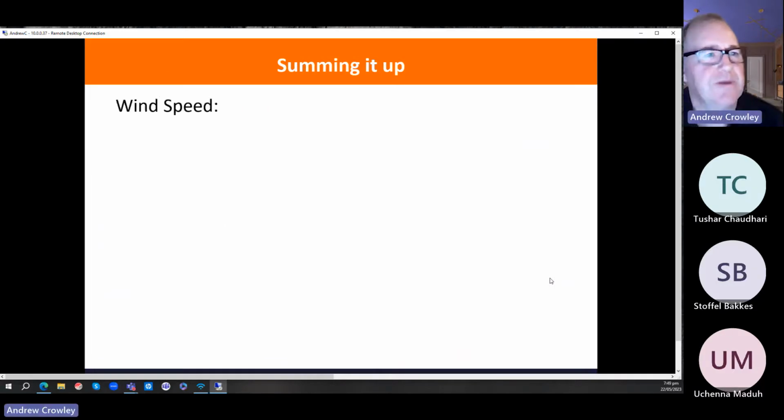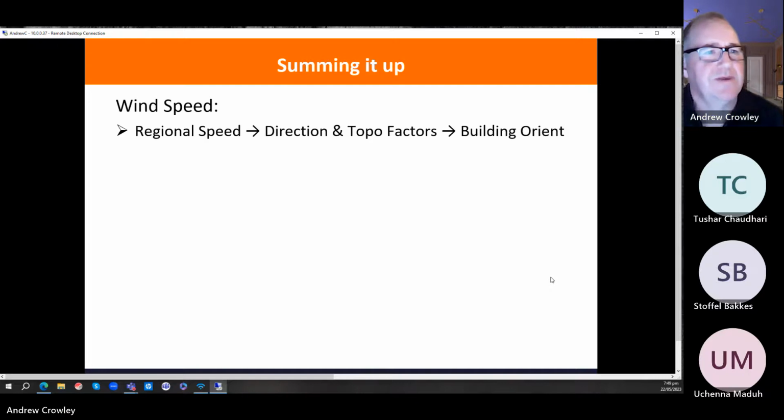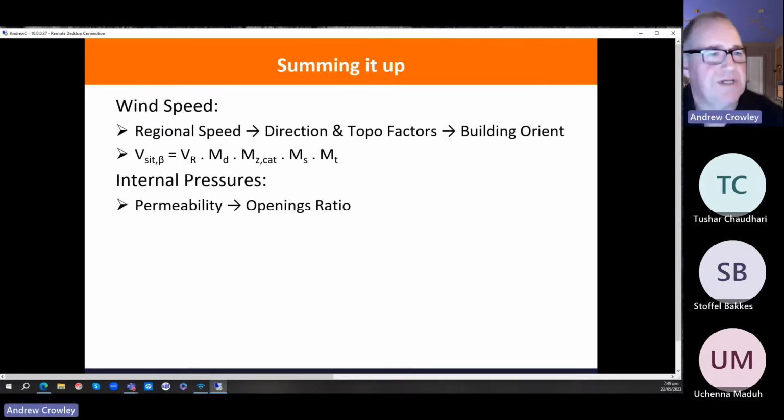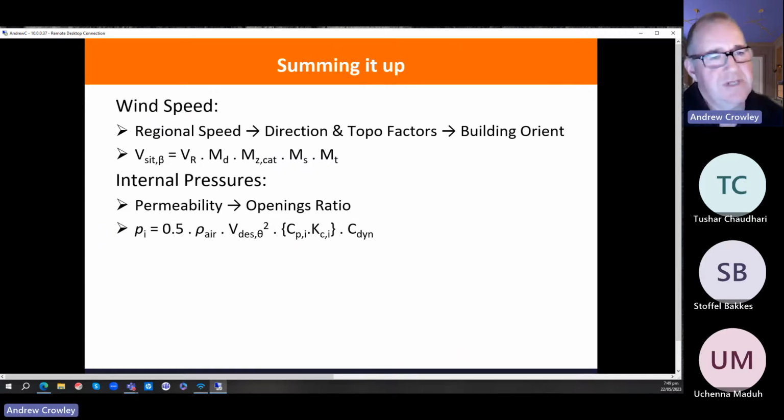So summing it up, wind speed. Take your regional wind speed, you look at direction and topographical factors and your building orientation. So there you get V_site, which comes from V_R times M_d, M_z,cat, M_s and M_t. Get your internal pressures, which are dependent on your permeability and your openings ratio. You multiply the density of the air by your wind speed squared, with all the multipliers added onto that.